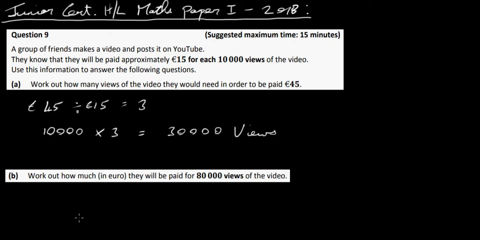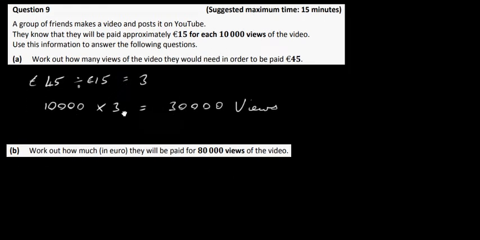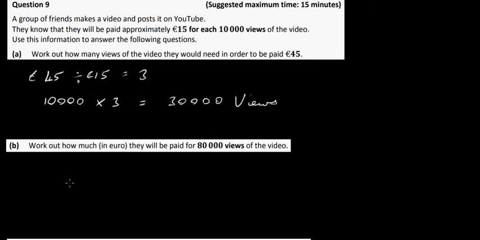That's it. Part B then, work out how much in euros they will be paid for 80,000 views. This is kind of working backwards or working in reverse if you like. So we have 10,000 views. They will be paid 15 euros.